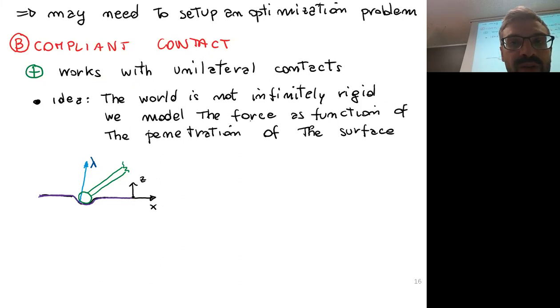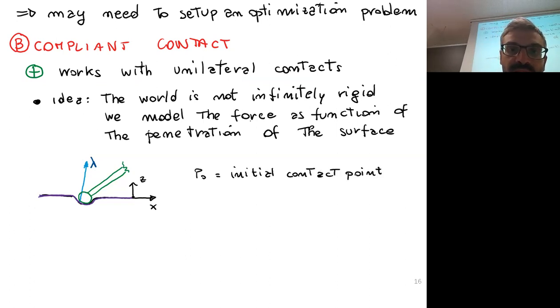If the world is not infinitely rigid, it means that whenever the robot enters in contact with the environment, there is a small deformation on the surface at the contact point, and the contact force that is generated is proportional to the deformation, as a spring and a damper.